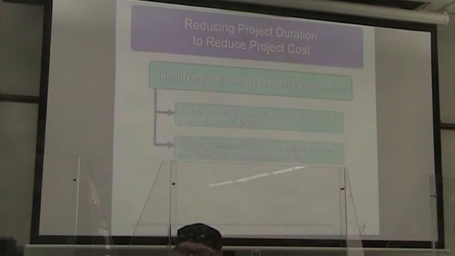All right, we're going to look at our critical activities, and we're going to see what is the lowest direct cost activity that we can use to shorten our project duration, right? So maybe we've got one part of the project, it's on the critical path, and you know what?